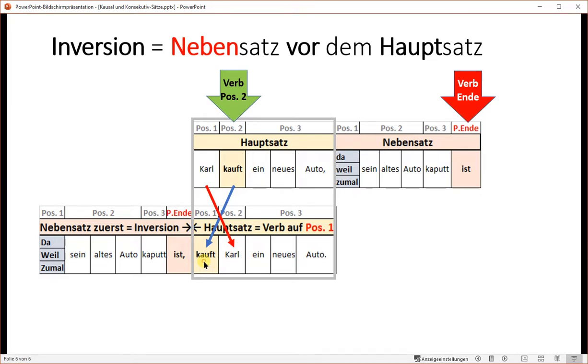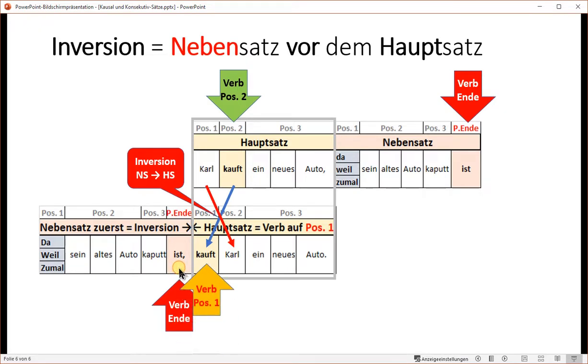That's extreme. So this is an inversion. The Nebensatz comes before the Hauptsatz, and that's when in that Hauptsatz the verb and the subject change position. That's why in the inversion, yes, the verb is still at the end, but exception, the verb of this Hauptsatz in an inversion, and only there, the verb is on position 1.